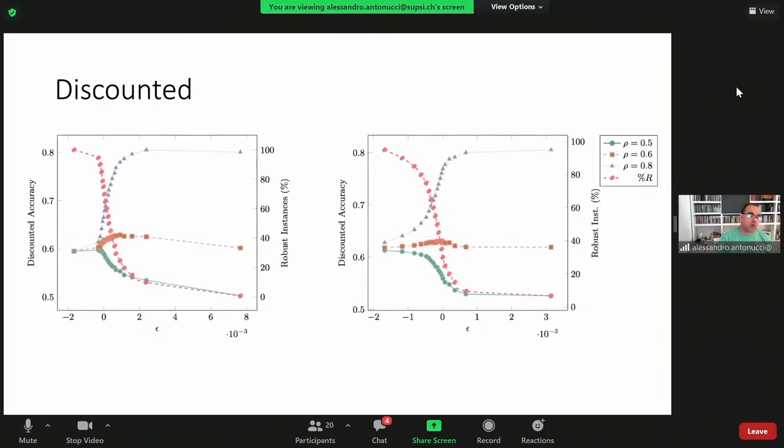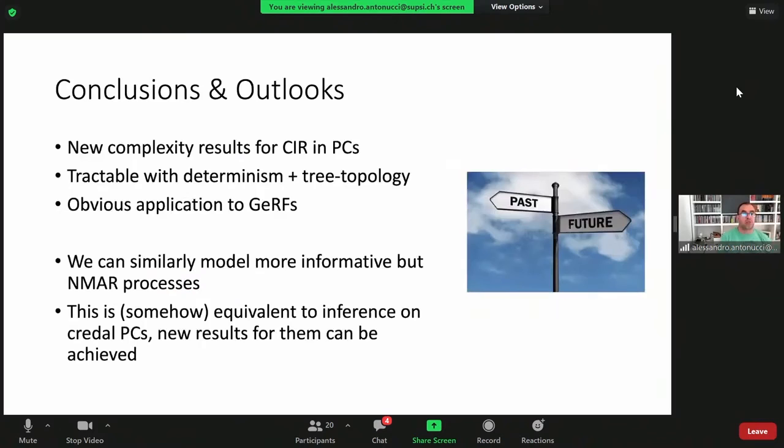This is a bit more tricky. This is related to another generalized discounted accuracy you have with this model. I think I'm done. So this is actually a new complexity result and a new algorithm for a class of probabilistic circuits. I think we can and we should consider also more others.